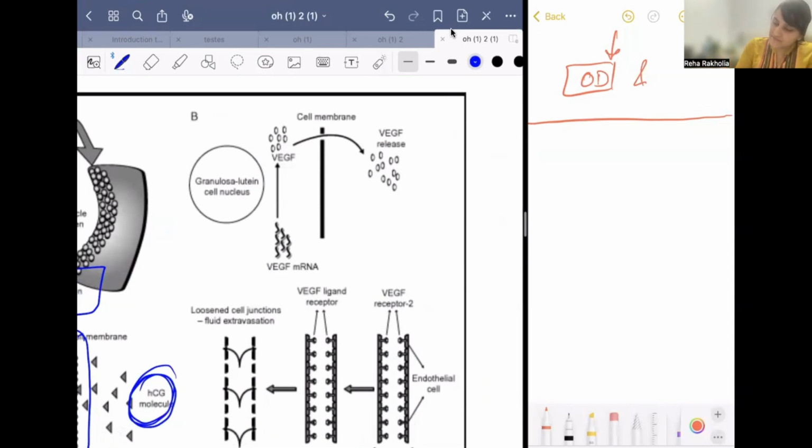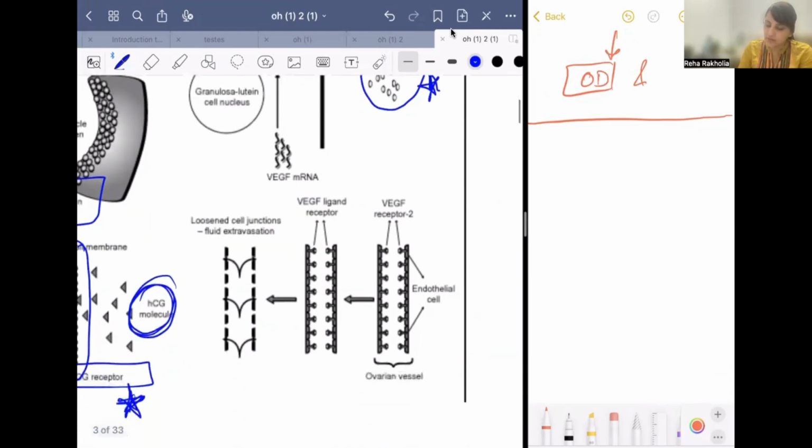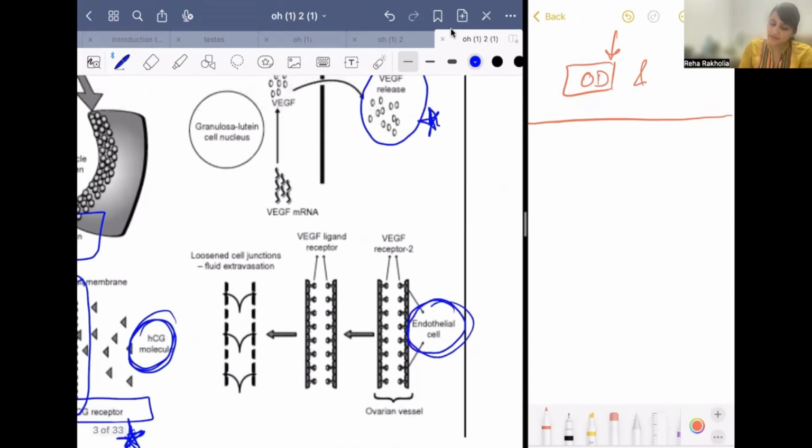VEGF is secreted from the granulosa lutein cells, as we have already seen, and binds to VEGF receptor 2 on the endothelial cells of the ovarian blood vessels.